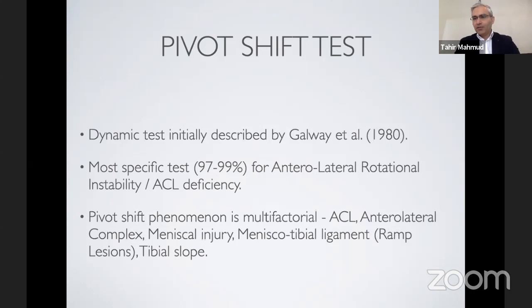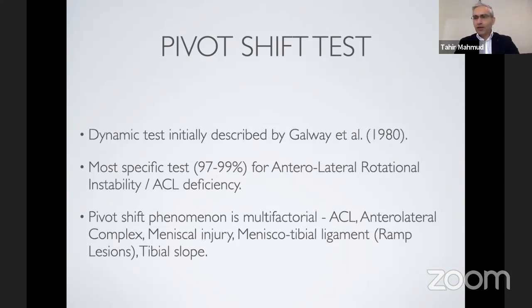So if you have significant meniscal injury as well as your ACL, it can contribute to a larger positive pivot shift test. Ramp lesions, again, can contribute to having a strongly positive pivot shift, and that should raise your index of suspicion, and also the bony morphology of the knee.